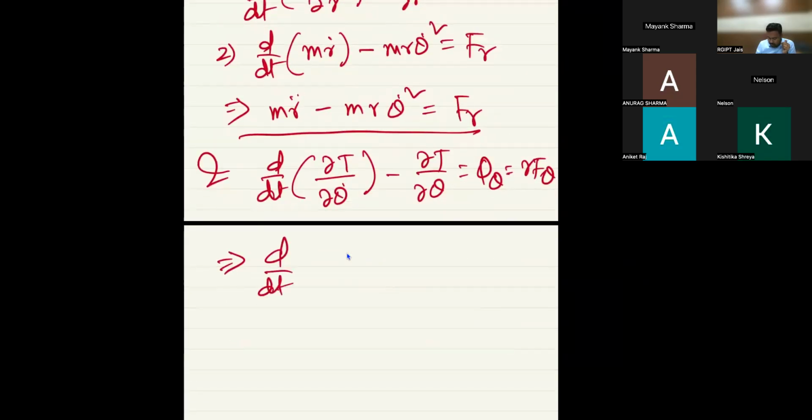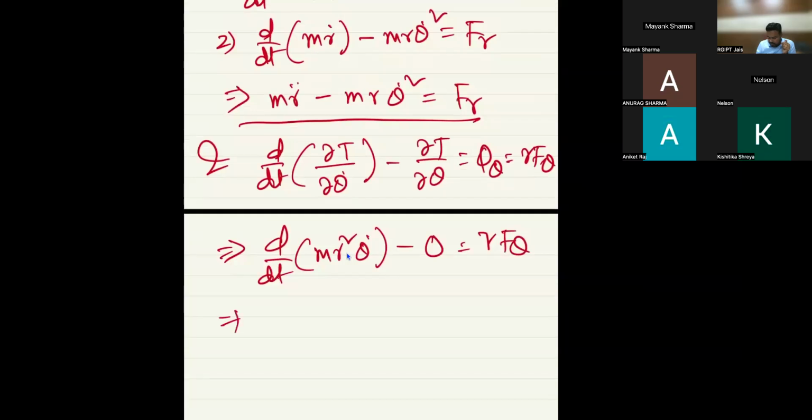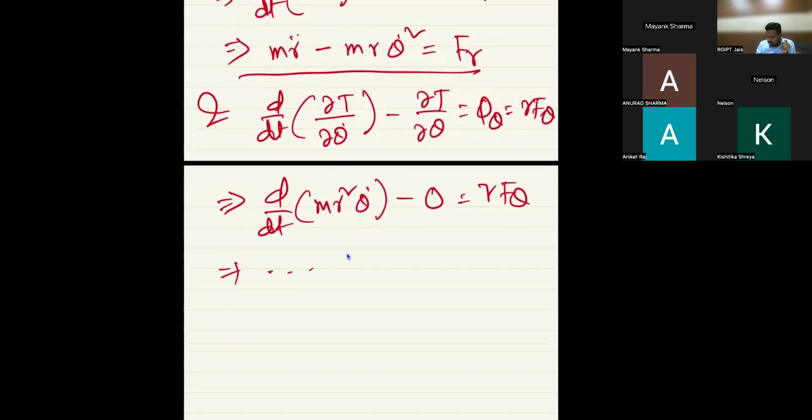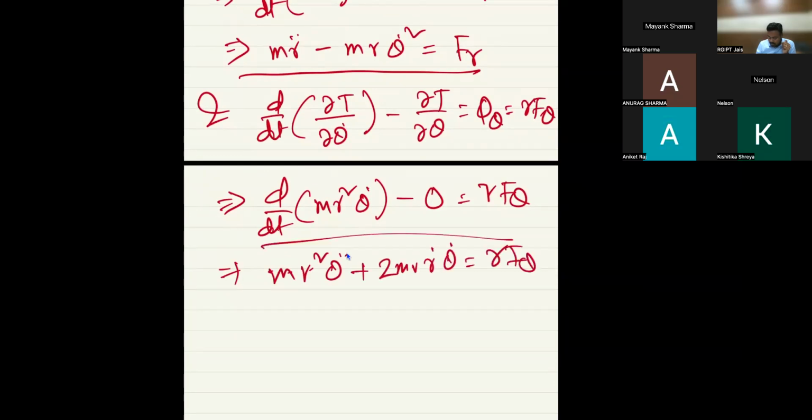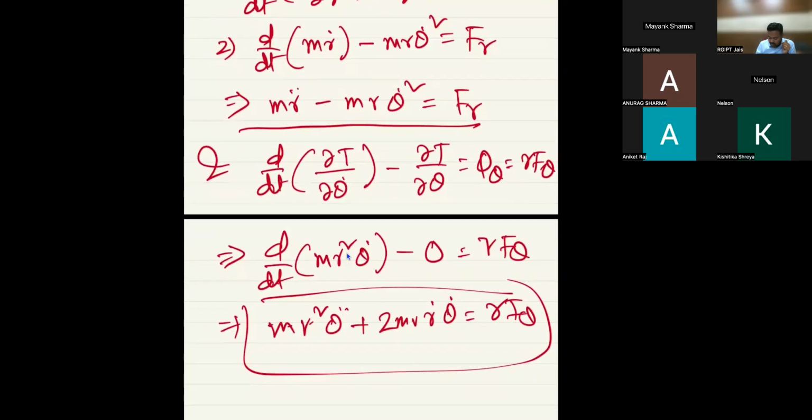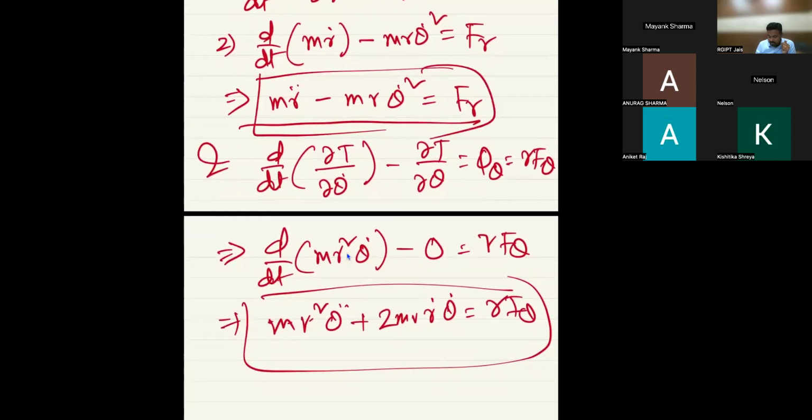So d/dt of m r square theta dot minus 0 is equal to r F theta, since del T del theta is 0. Solving, this will be m r square theta double dot plus twice m r r dot theta dot, equal to r F theta. So these two are the equations of motion in this case, for the free particle.